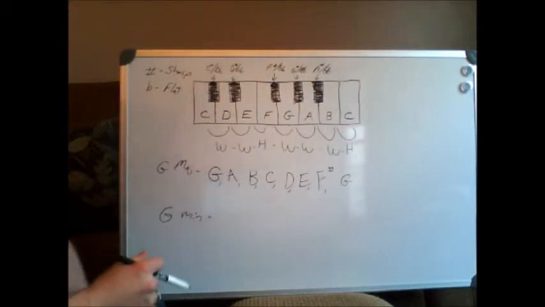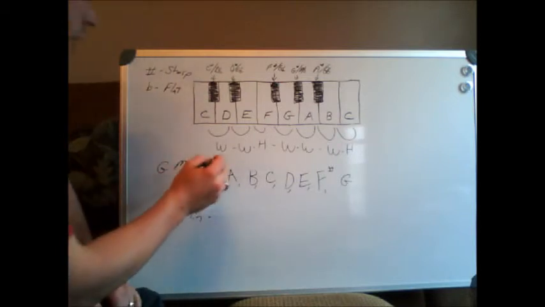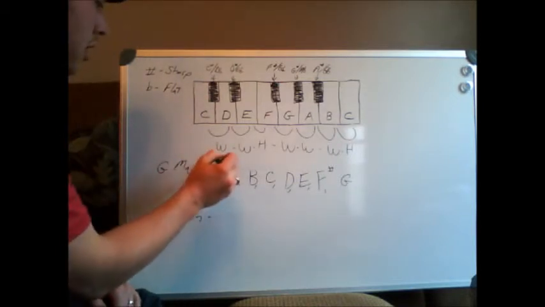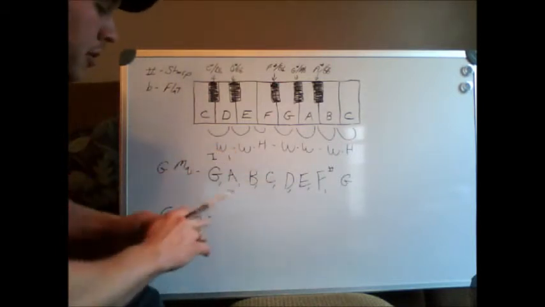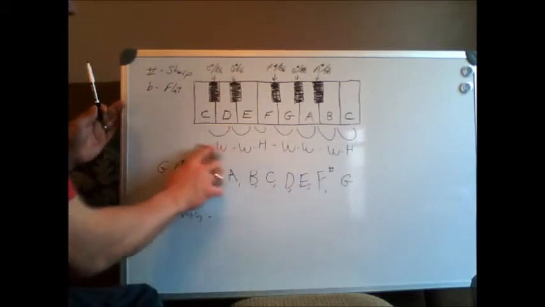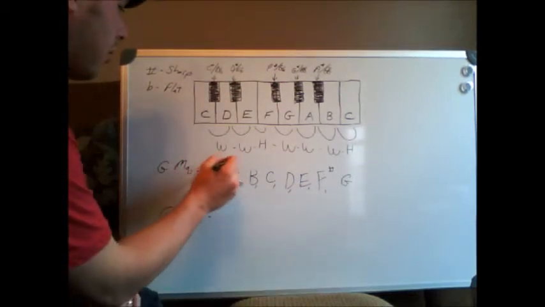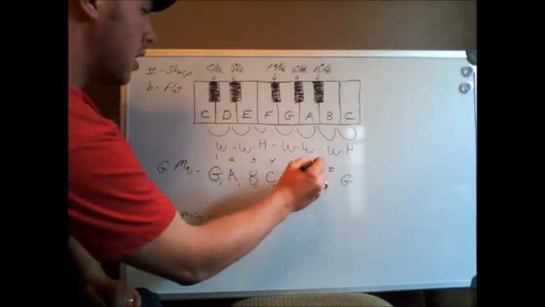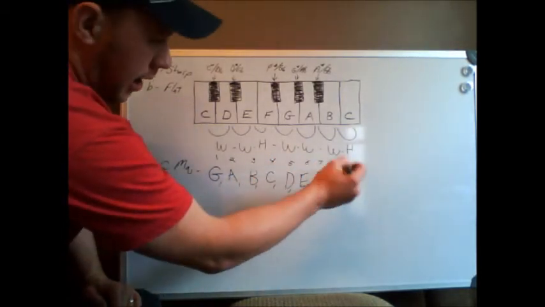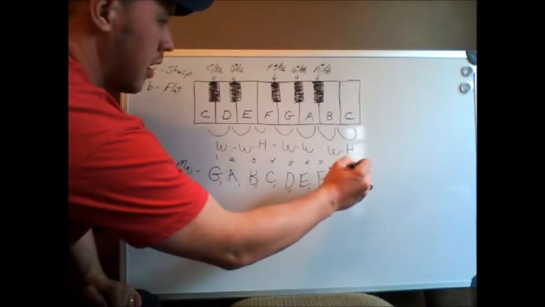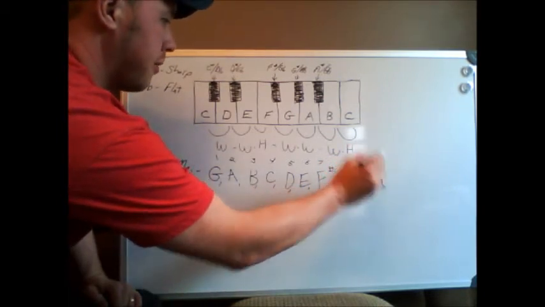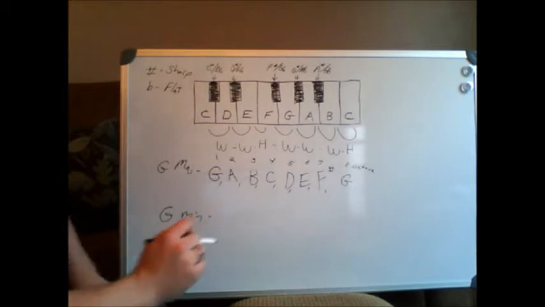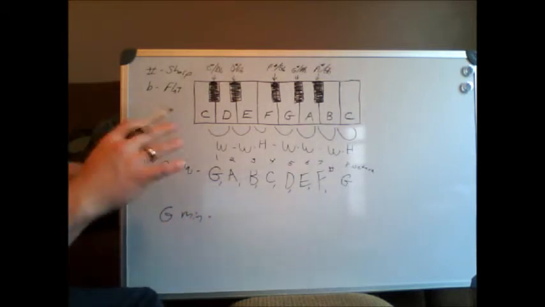Okay, G minor. You've got your 1. I'm going to number them this way for right now instead of Roman numerals, just to make it easier for you. You've got your 1, your 2, your 3, your 4, 5, 6, 7, and then your 8 is your octave, okay? That's what they call an octave. All right. So, in case you haven't noticed, major scale, 7 notes.